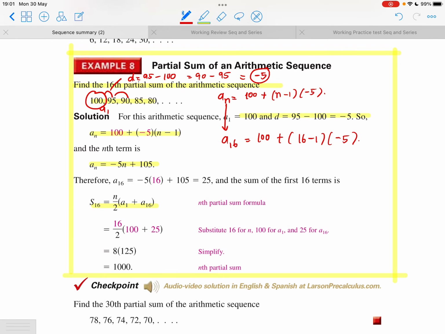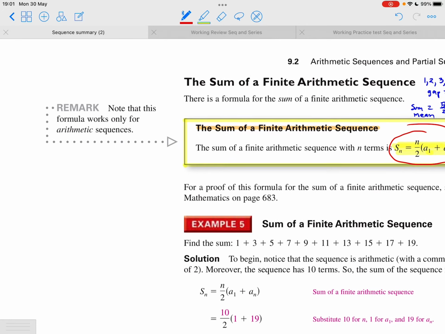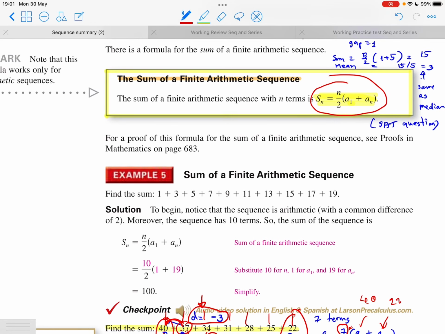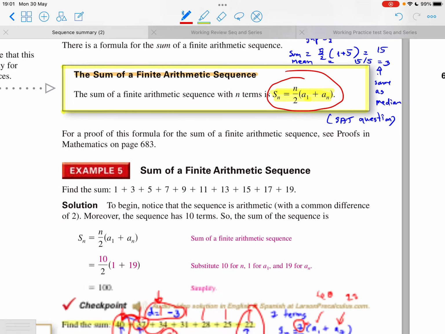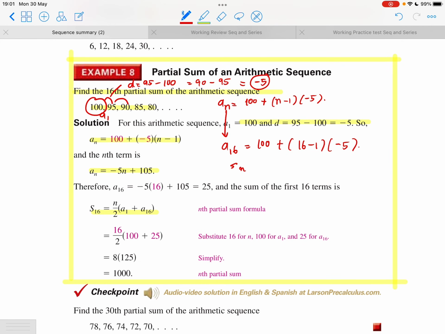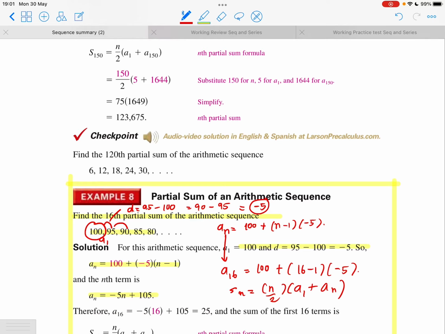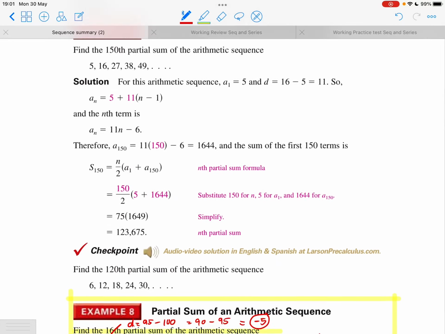And then we use the formula S_n equals n over 2 times (a1 plus a_n).